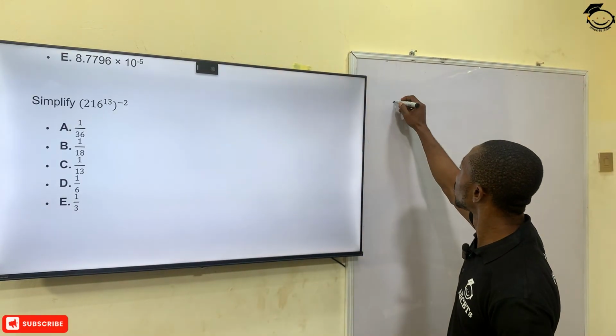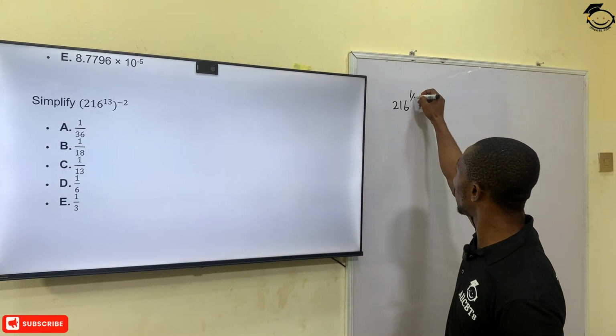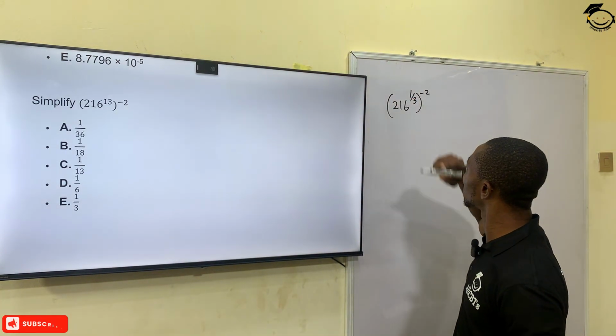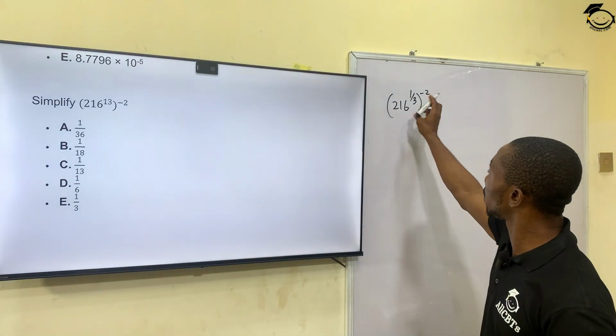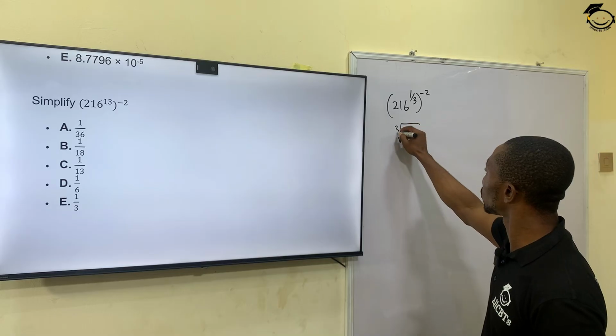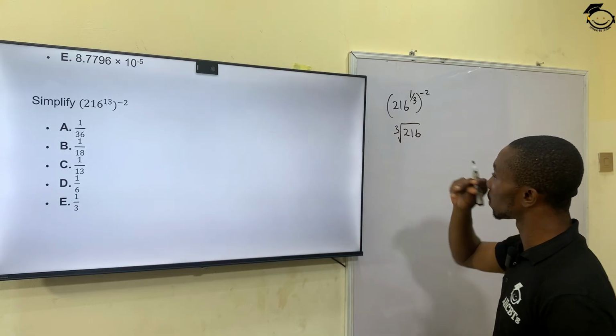Simplify 216 raised to the power 1 over 3, all raised to the power minus 2. Now, 216 raised to the power 1 over 3 can be rewritten as cube root of 216. Okay?